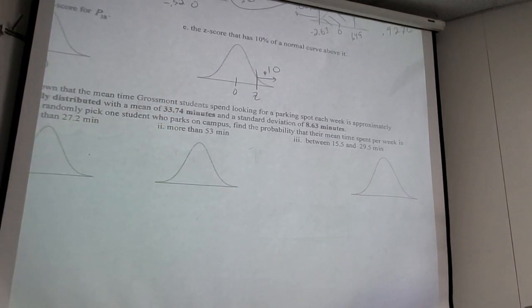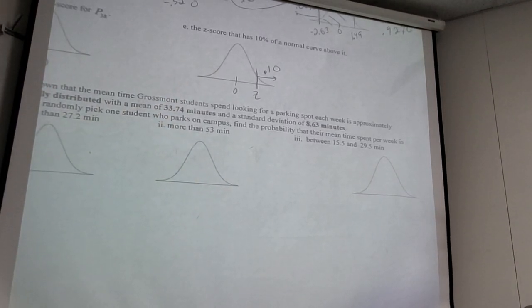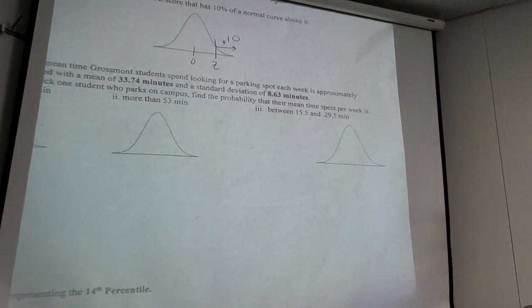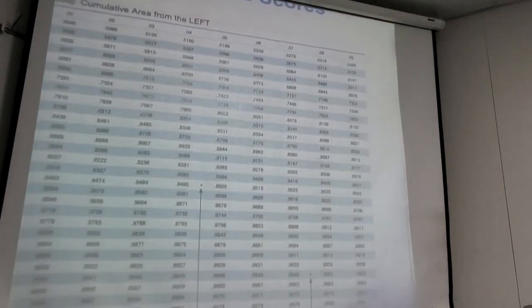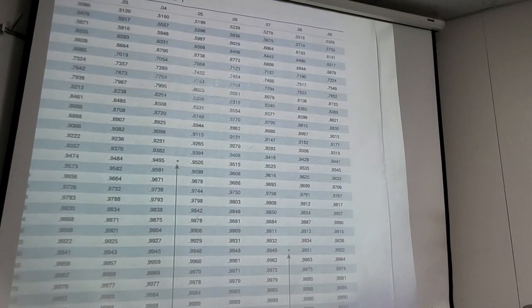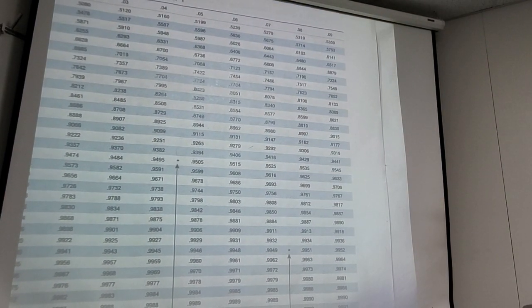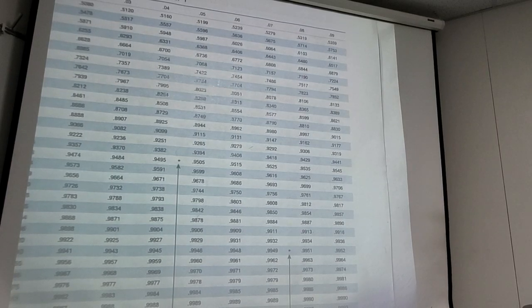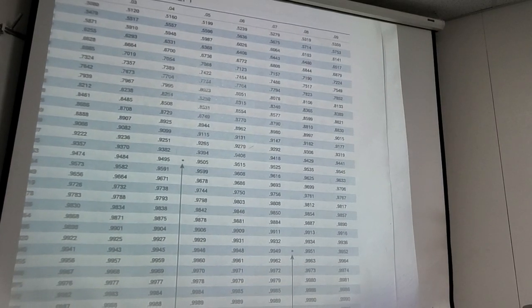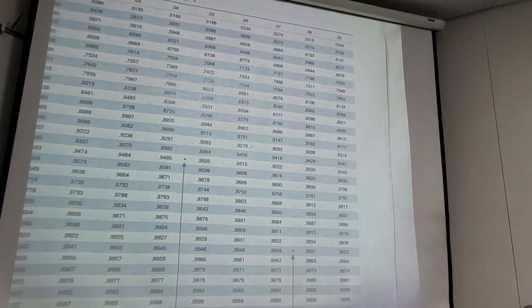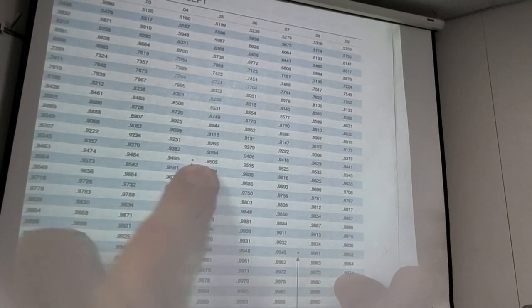So let's look at 0.9. Can you guys find the closest you can get to 0.9? It should be something interesting. Well, 0.95 would be interesting.